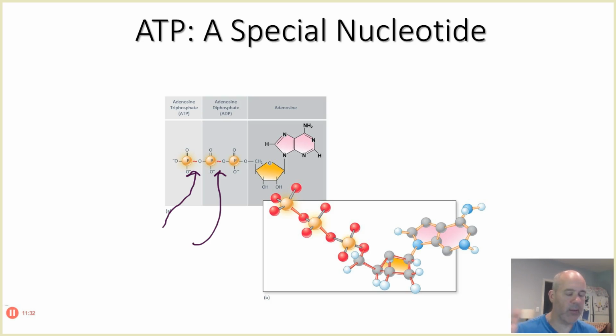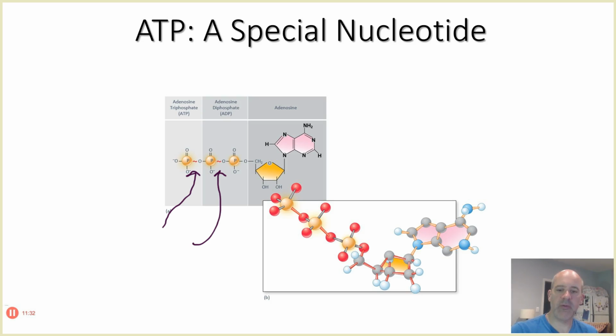I know it's kind of weird to think about, but energy is stored inside the chemical bonds of molecules. You break those bonds and that energy gets released, and then the cell can harness that energy and use it to power things that the cell needs to accomplish, like moving things across the cell membrane or building things. Anything that requires building is going to use up a lot of energy to make that happen.